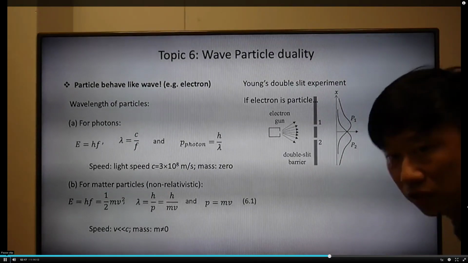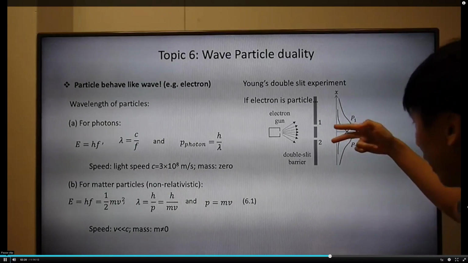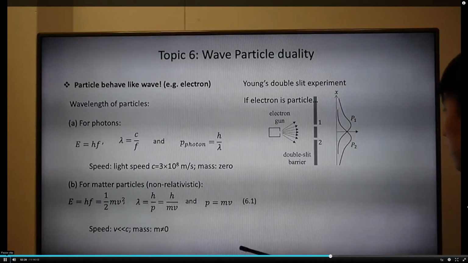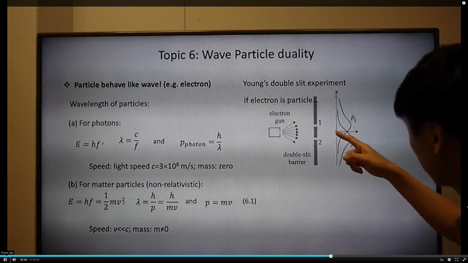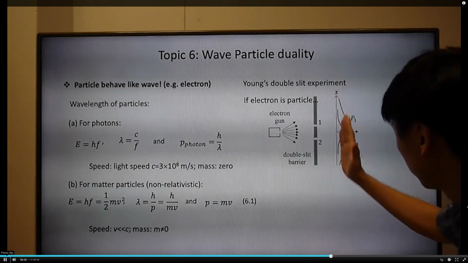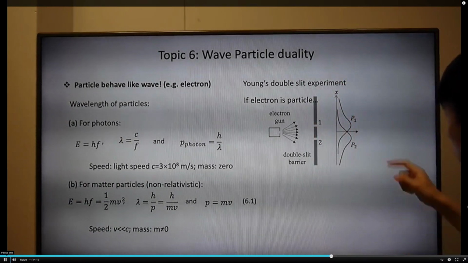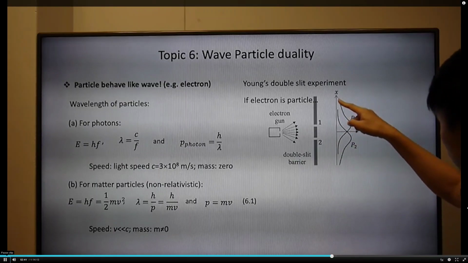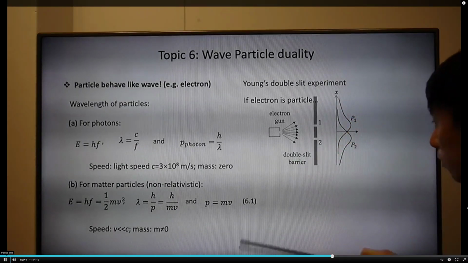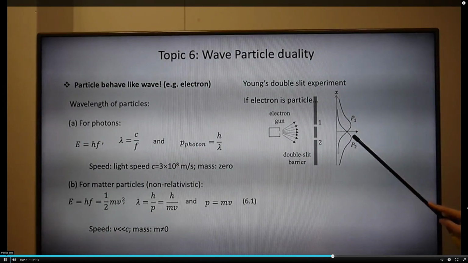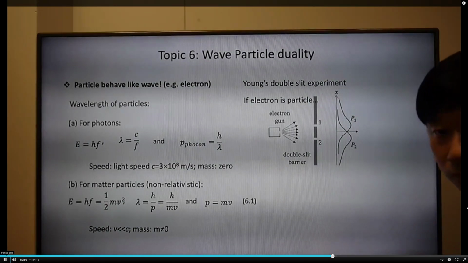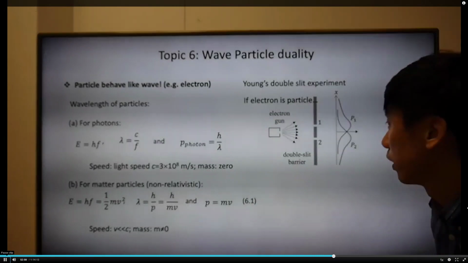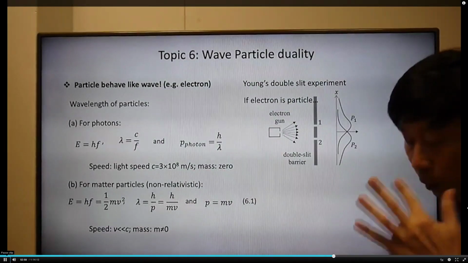The electron has a certain velocity, and when the electron passes through these two slits, if the electron is a particle, then when you detect the electron here after a certain distance, you can have this distribution of the electron. This distribution P1 is from slit 1, and this other distribution P2 is from slit 2. That was his expectation, assuming the electron is a particle.